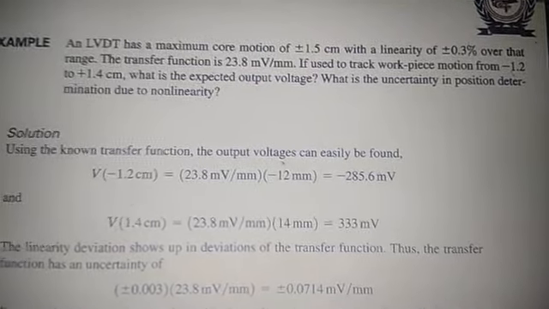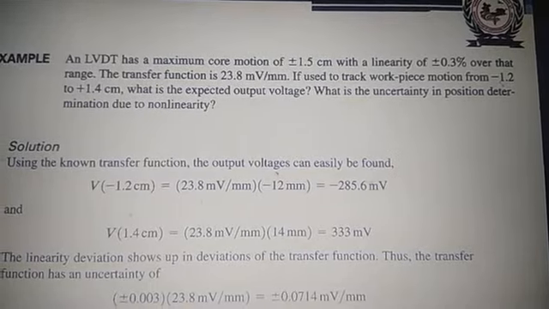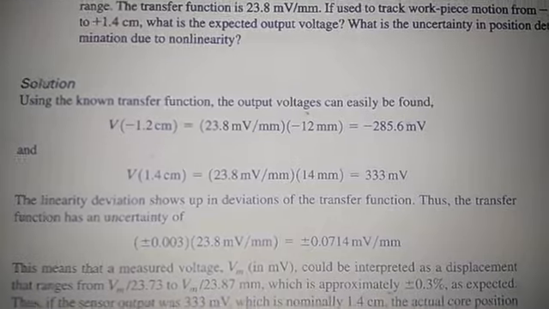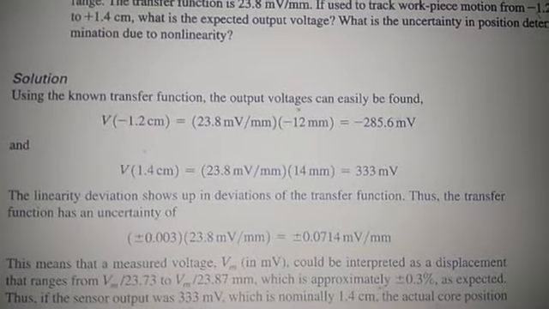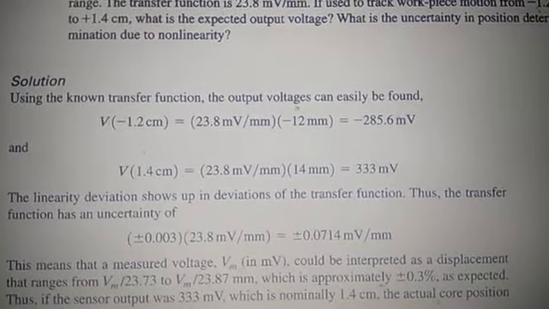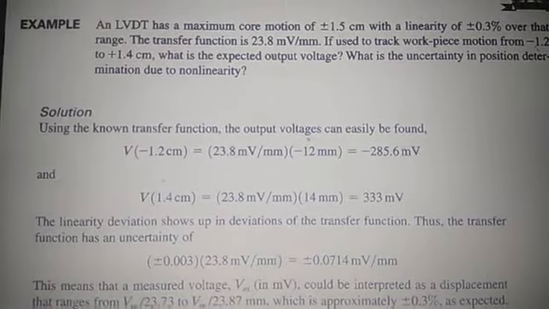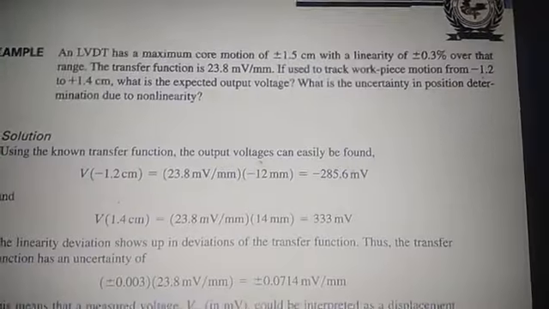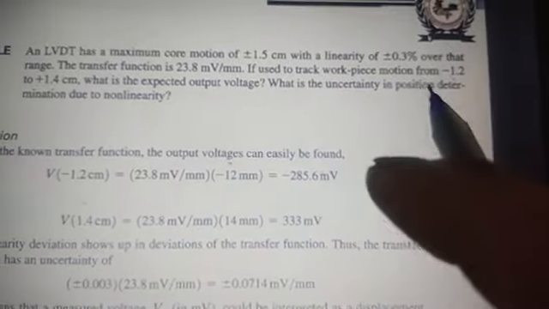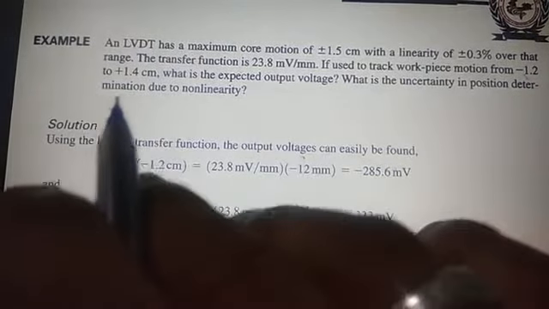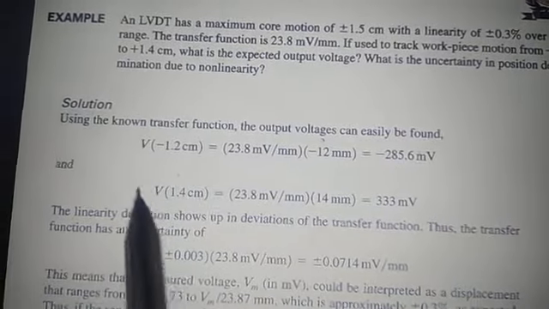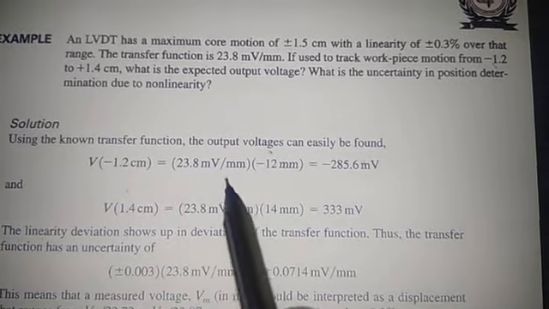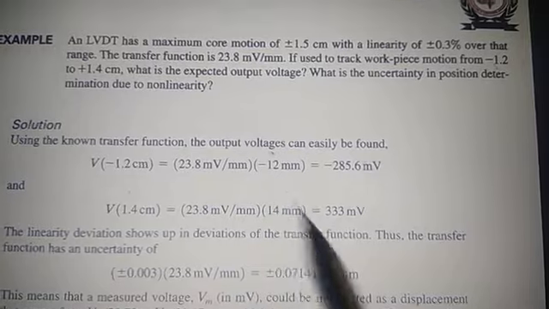This is the same example which I have taken earlier. Here its solution is given. Using the known transfer function, the output voltage can easily be found. That is, the voltage at minus 1.2 centimeter is equal to 23.8 millivolt per mm into minus 12 mm.